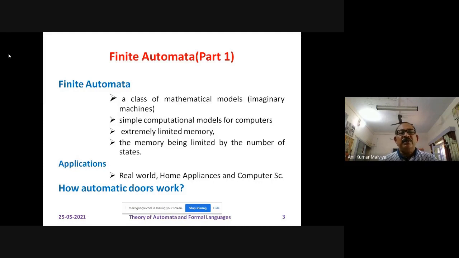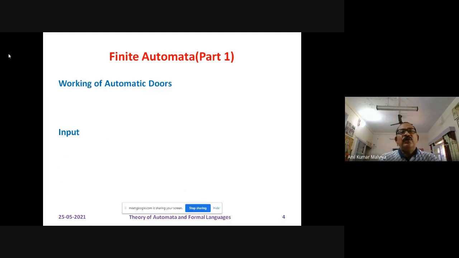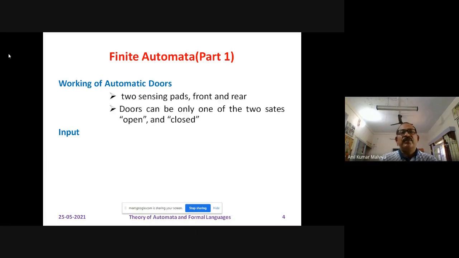Let us take an example of the real world, the entry point automatic door, to understand how automatic doors work. As we already know, automatic doors swing between open and closed state according to a person approaching the door or exiting from the door.